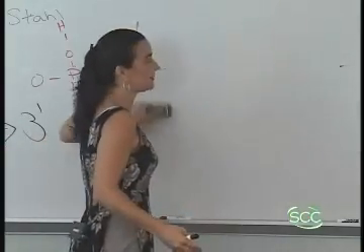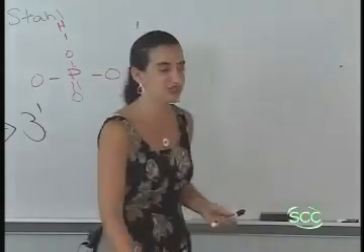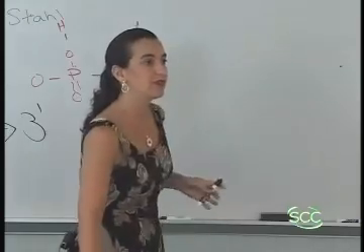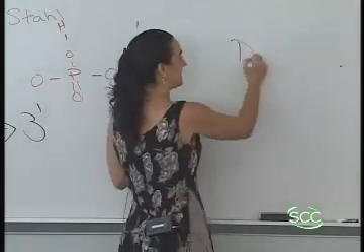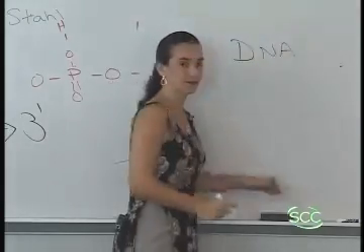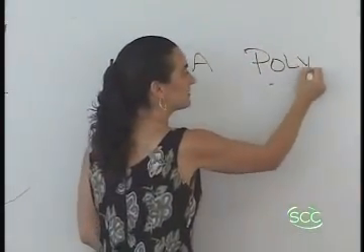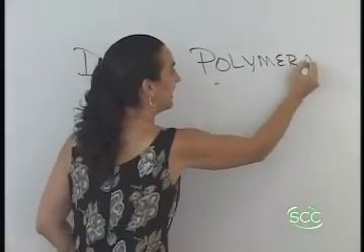Well, the enzyme that is attaching these DNA nucleotides, this orange right here, is known as a DNA polymer, but it's an enzyme, so what do you need to add? ASE.